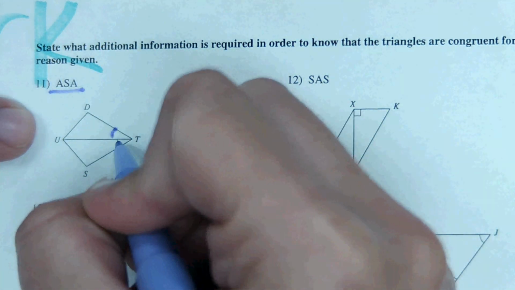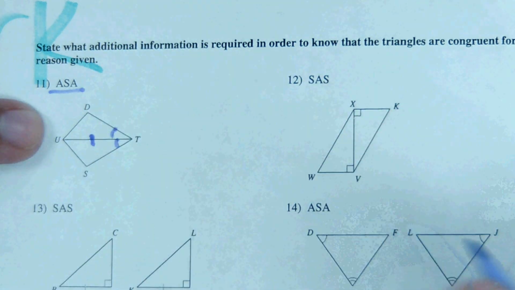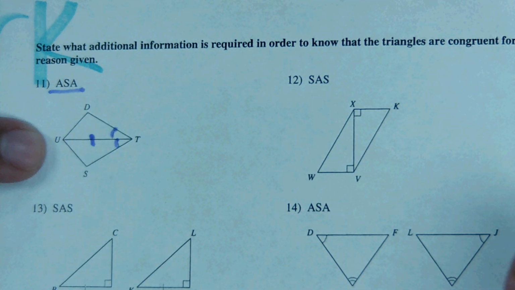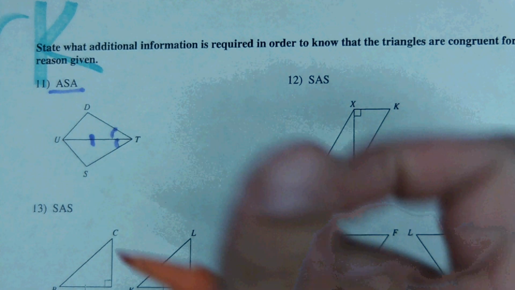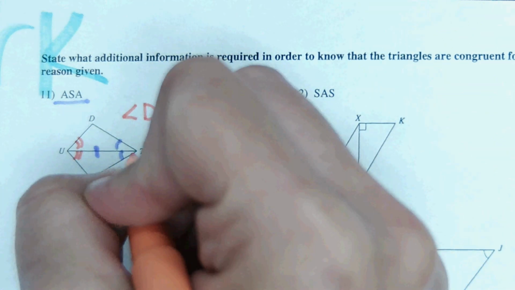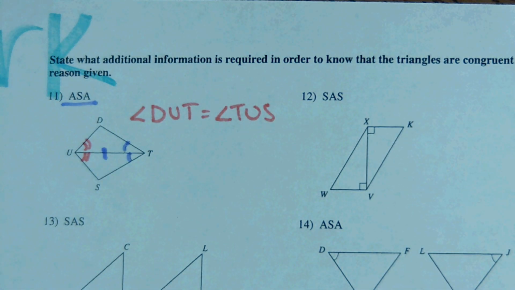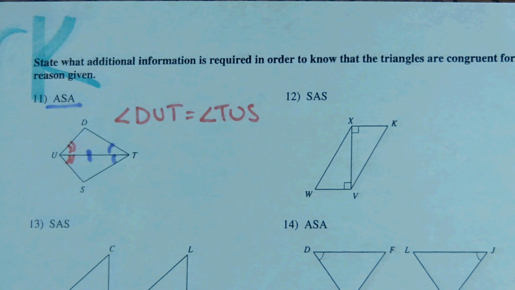When we look at the picture, we do have an angle in common. We have a side that's shared, so we have angle, side, and then the additional information that we need to know is that this angle is equal to this one, and then we'd have angle, side, angle. So we need to know that angle DUT is equal to angle TUS.